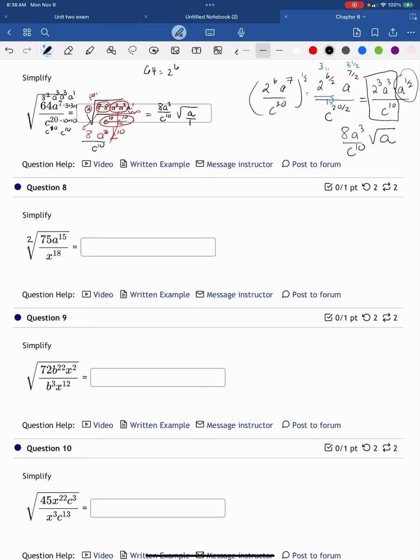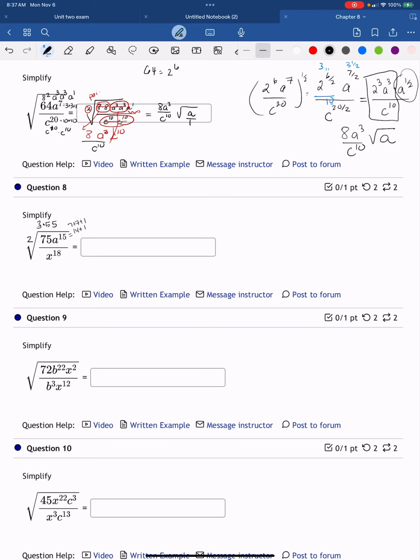So we end up still with the same answer, but that's how you would do it with powers. So there's a square root here. 75 is 3 times 5 times 5. So my first thing, I'd write this as square root, and 15 is 14 plus 1, which is 7 plus 7 plus 1.